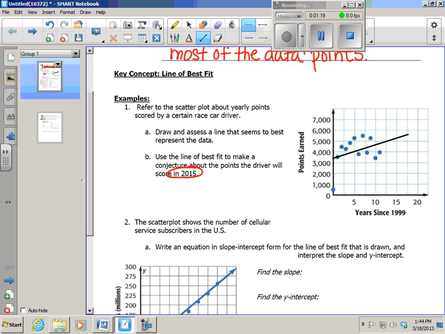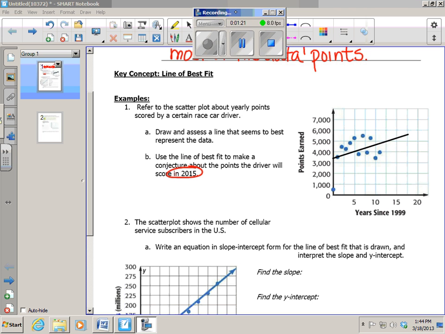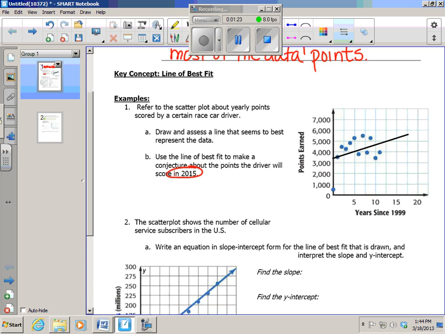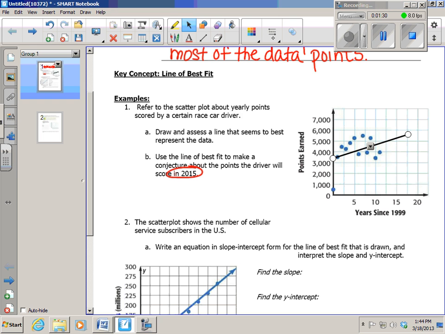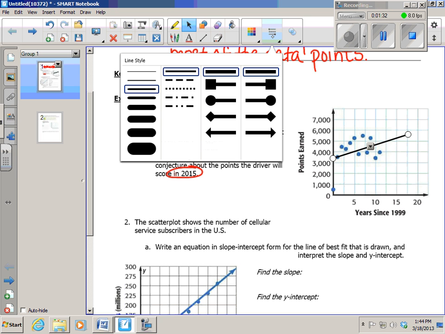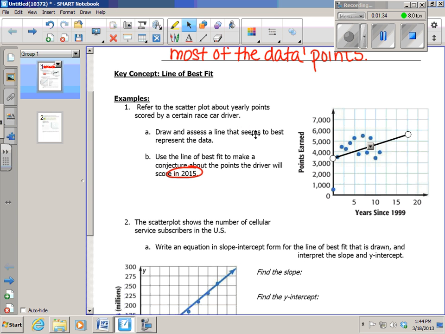And a line of best fit just has it most closely represents the data.